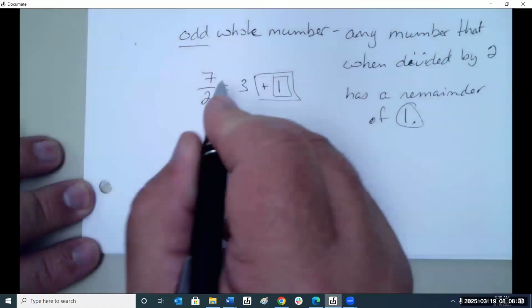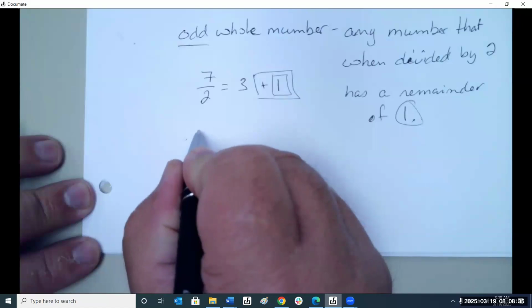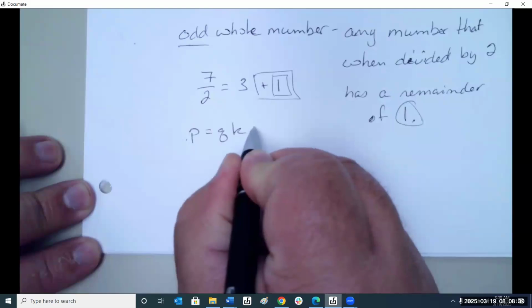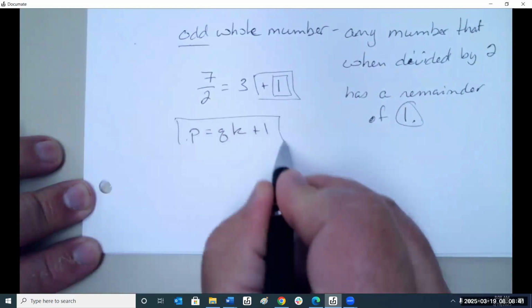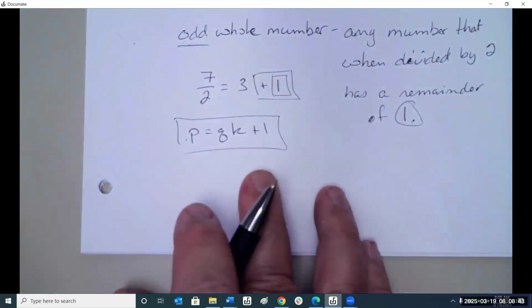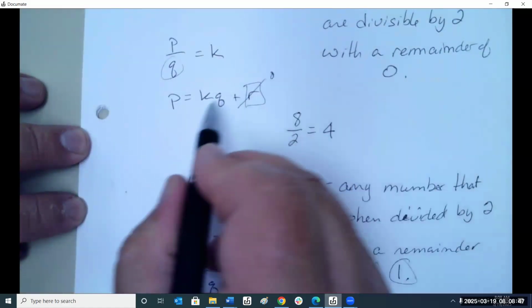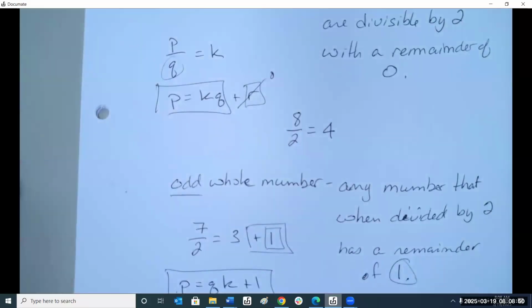So it's odd if we have this: P equals QK plus one. This goes right here, where this is zero. So we really have this for an even number.